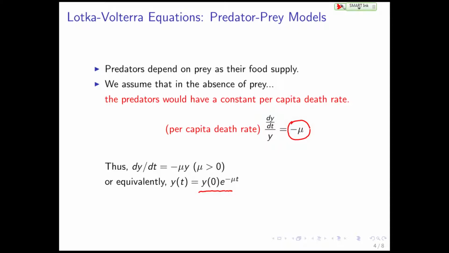The drawing here, similar to the drawing in the previous page, says that we have t on the horizontal axis, y on the vertical axis, and some initial condition, and this is a little sketch of this function y of t. So in the absence of prey, the predators decline exponentially. That's basically one of the basic assumptions of this model.